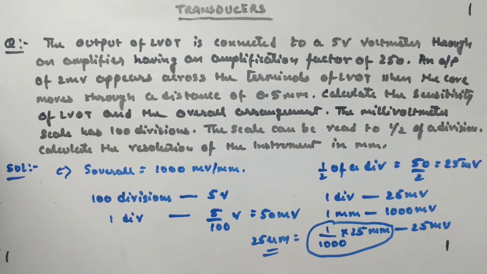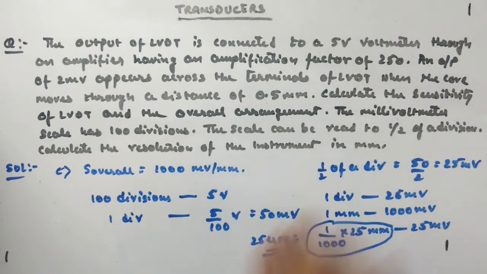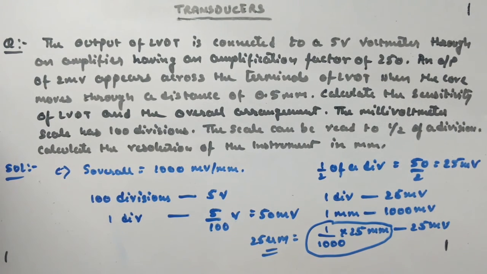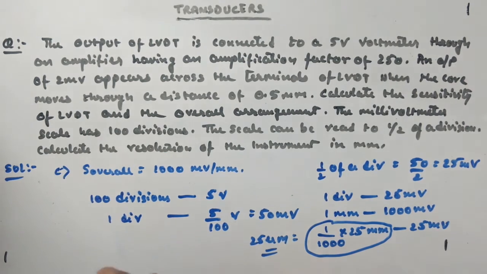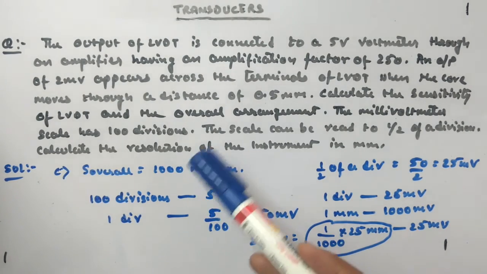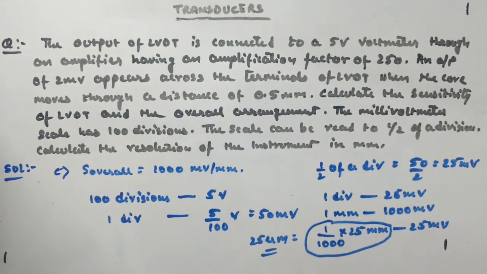Now you have to calculate the resolution in mm. You know that the smallest readable step corresponds to 25 millivolt, and from the sensitivity of the overall arrangement, 1 millimeter corresponds to 1000 millivolt. So for 25 millivolt, what will be the mm? That is 1 by 1000 into 25 mm, that is 25 micrometer. So 25 micrometer is the minimum deflection required to produce an output at the output of the overall arrangement.